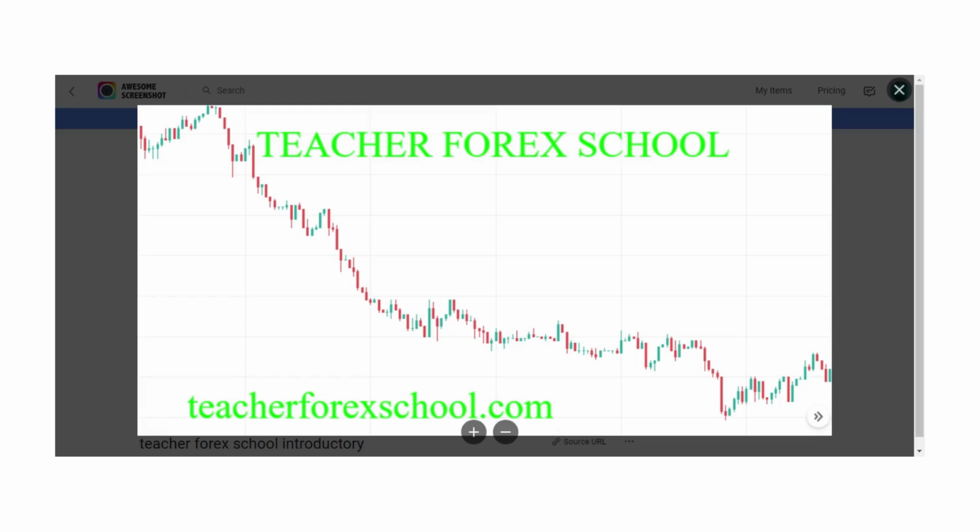It has two crossover oscillator indicators, that is the stochastic oscillator and the signal line. It also ranges between 0 to 100.